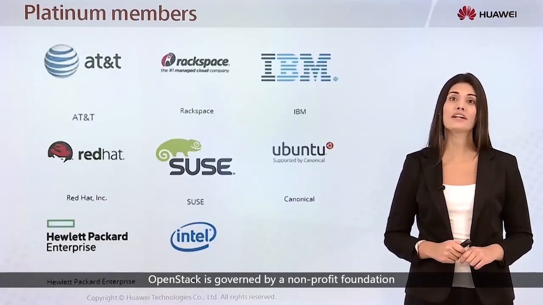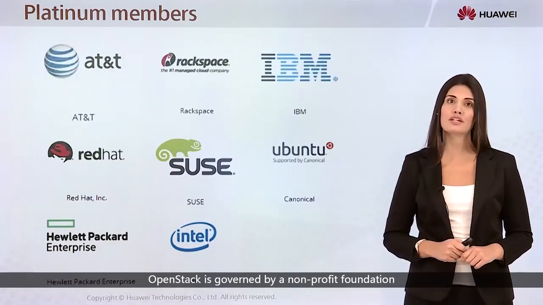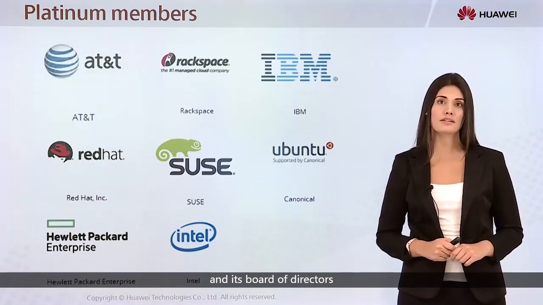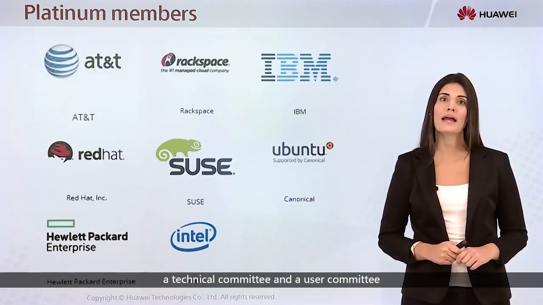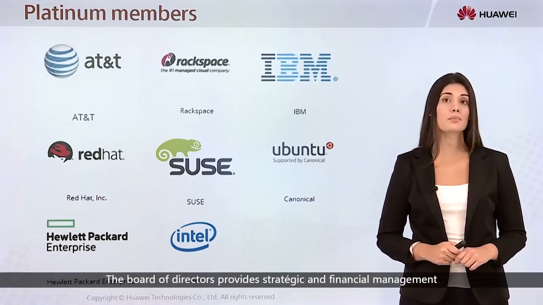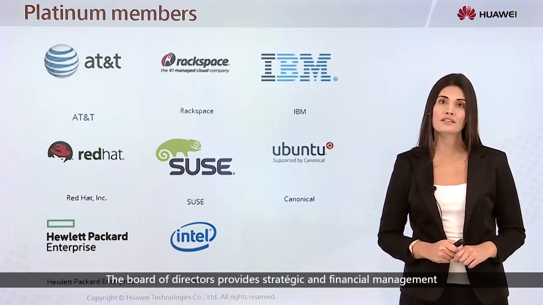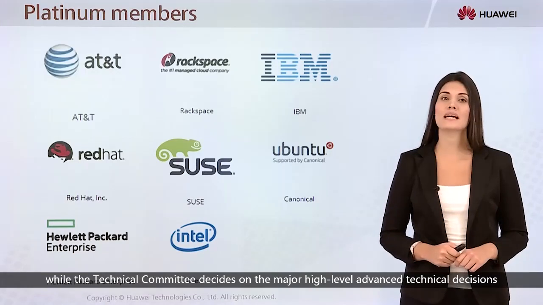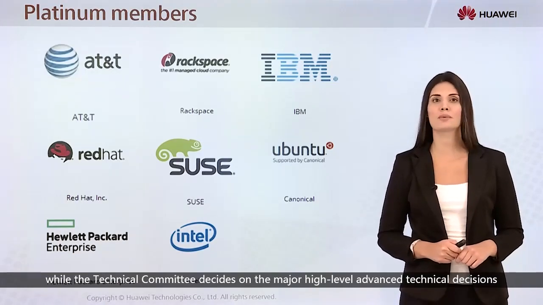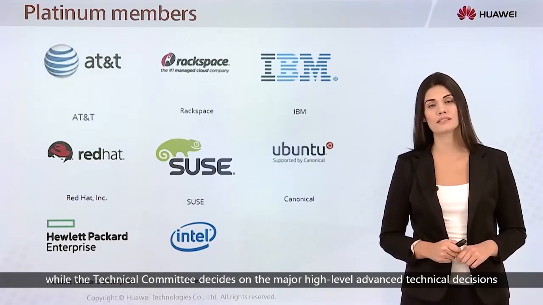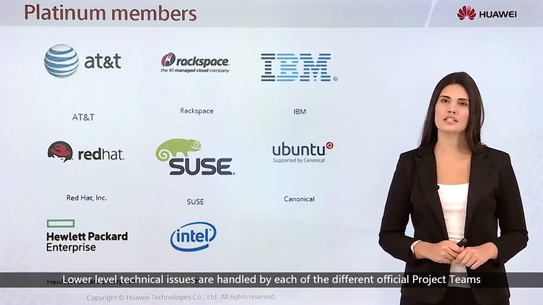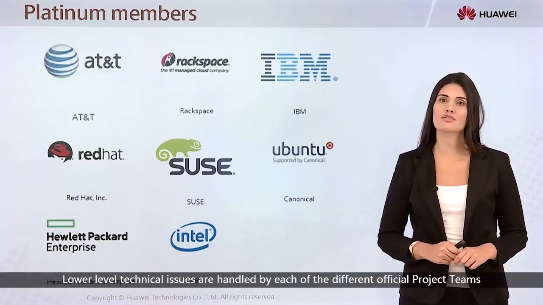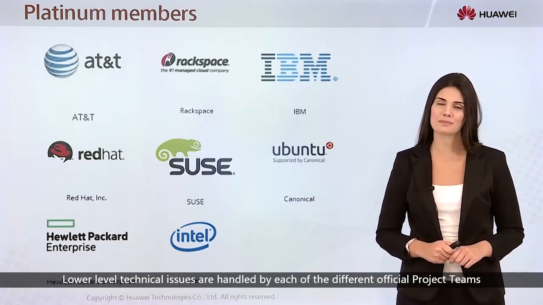OpenStack is governed by a non-profit foundation and its board of directors, a technical committee, and a user committee. The board of directors provides strategic and financial management, while the technical committee decides on the major high-level advanced technology decisions. Low-level technical issues are handled by each of the different official project teams.